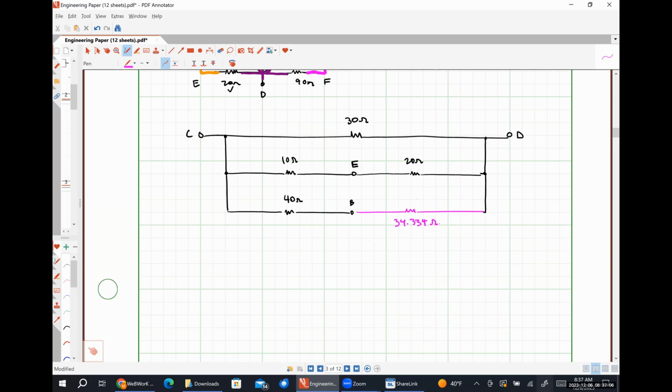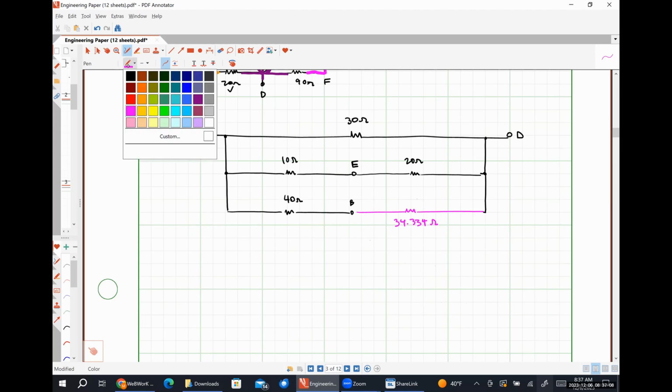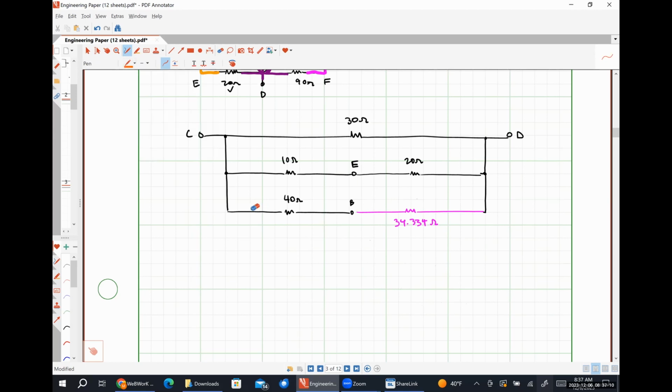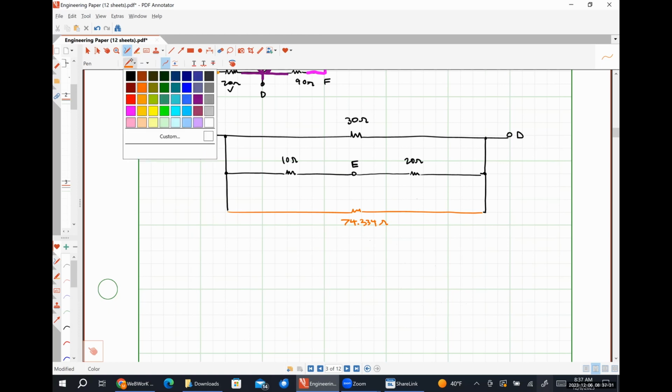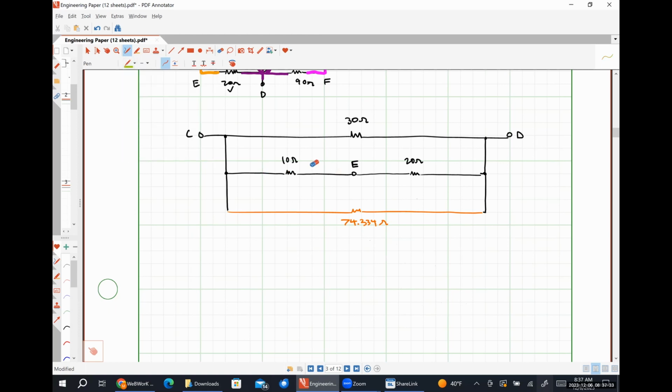So that's going to look like 74.334. And there's not really any simplifications that I can make on this bottom bit now, so I'm going to move up to the next tier where I can see 10 is in series with 20. So that's very obviously going to just look like 30 ohms.